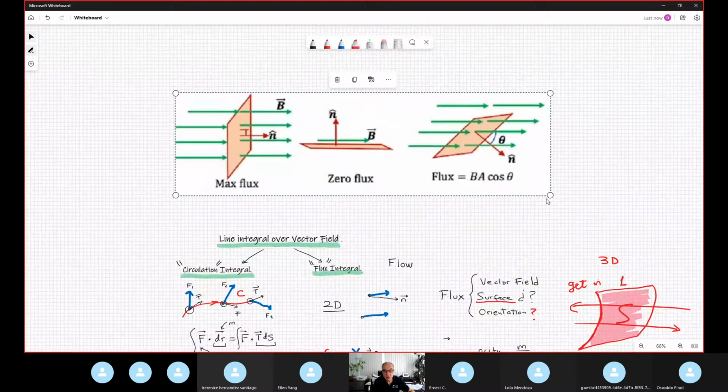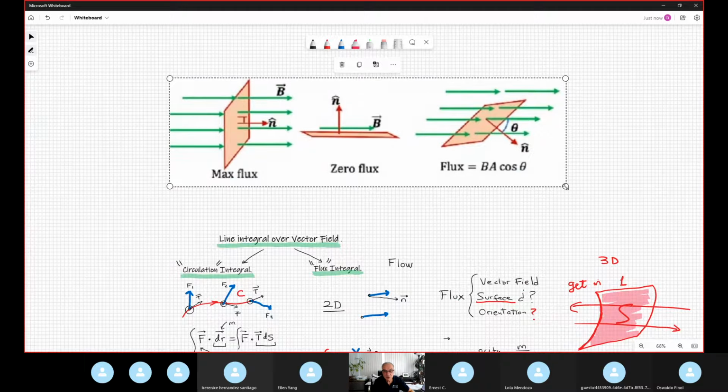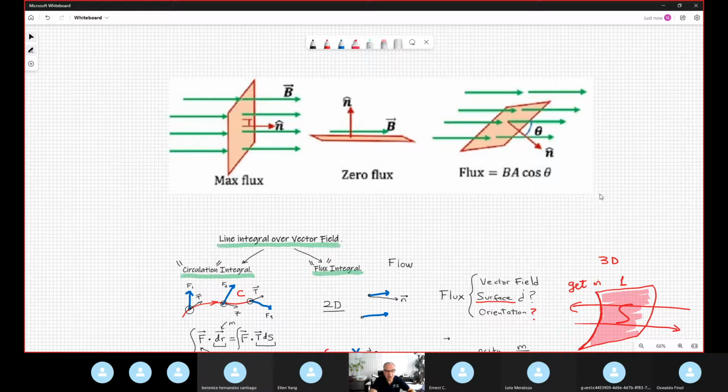Okay, this picture is actually an example of physics, not mathematics, because the vector field is a magnetic field. When you see capital B, it's because capital B is a magnetic field. But a magnetic field is one particular example of a vector field. So, for example, you can see that in this surface, the normal vector is, you assume, in this direction.